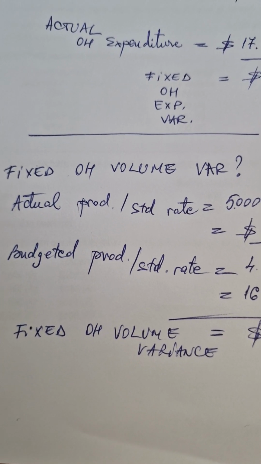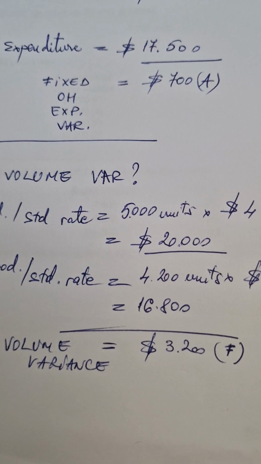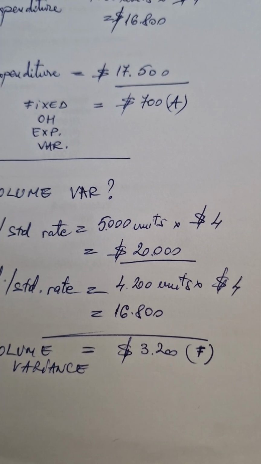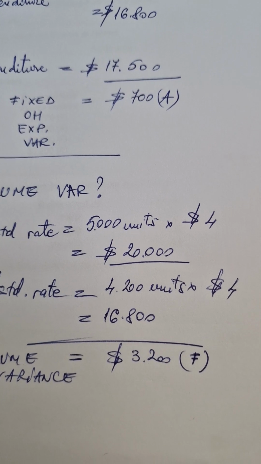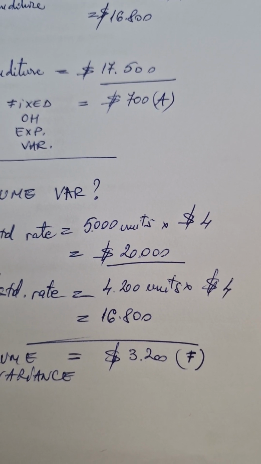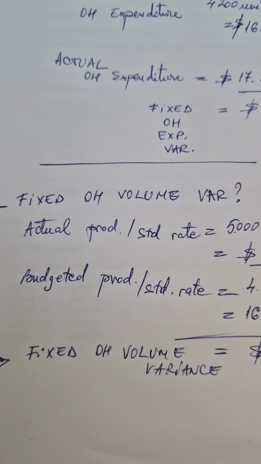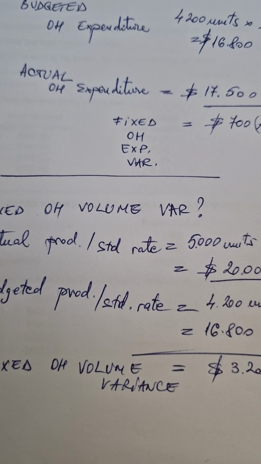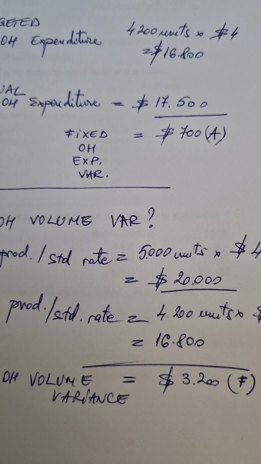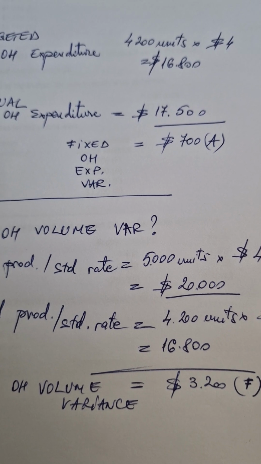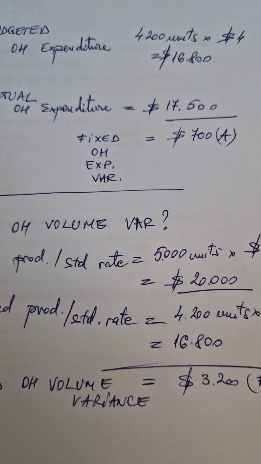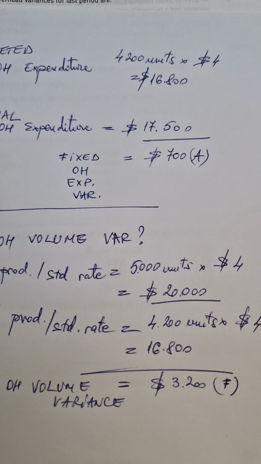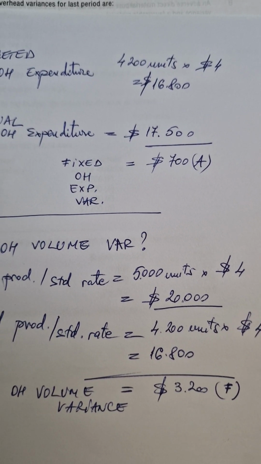The budgeted production at standard rate is the budgeted production of 4,200 units at the standard rate of $4 per unit. So the total budgeted production at standard rate is $16,800. The difference is the fixed overhead volume variance and is favorable.